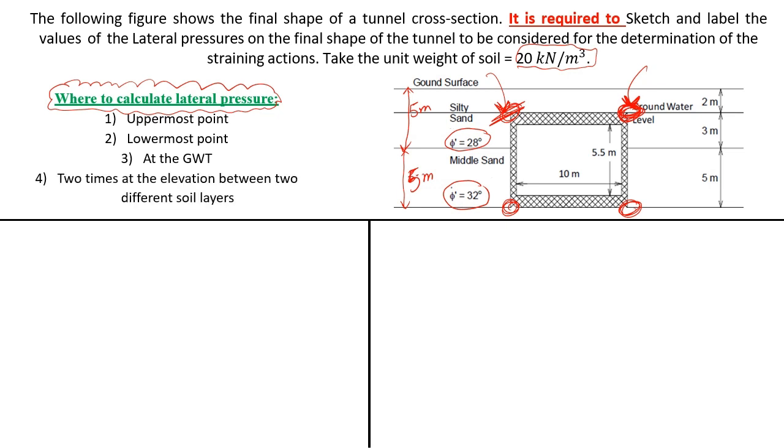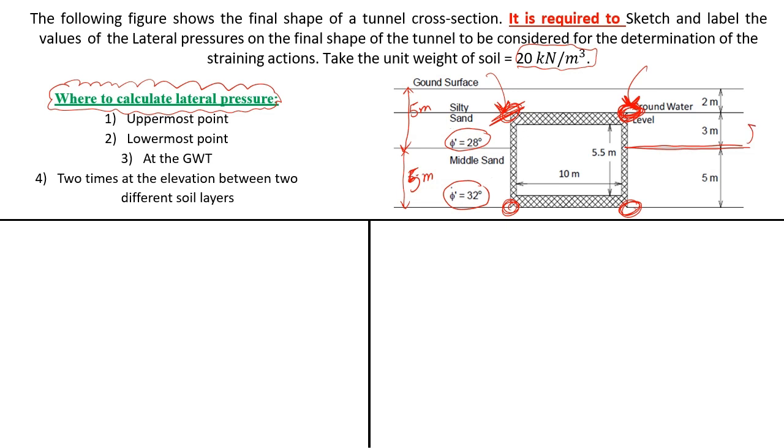And finally, when you have an elevation between two different soil layers, you have to calculate at this elevation 2 times, one on the top of this elevation and one at the bottom. This line is between two different soil layers.